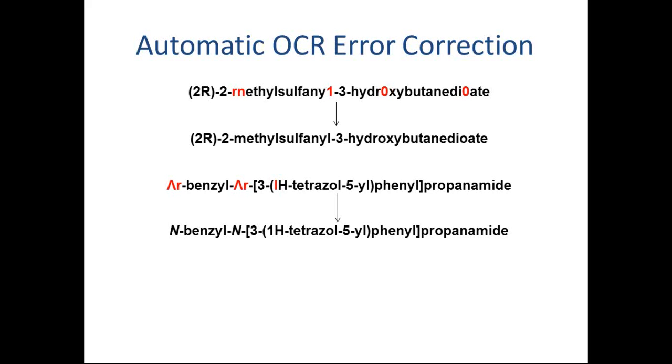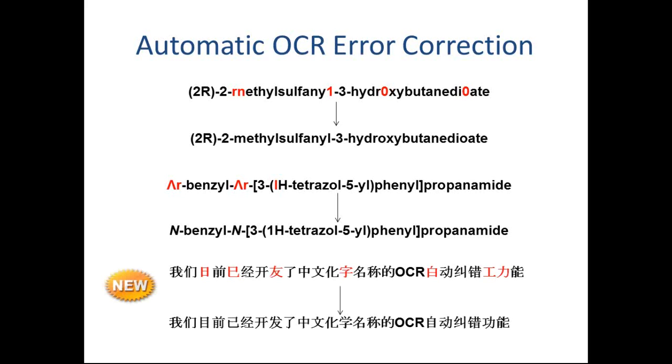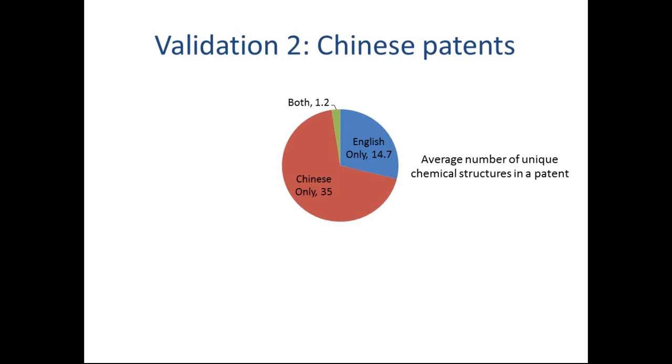Like mentioned, we have a correction algorithm to automatically identify OCR mistakes, and we also apply it to Chinese OCR errors. Back to the 2,000 Chinese patent test set. On average, we can extract about 50 structures per patent. Out of these 50 structures, 35 unique structures are from the Chinese name only, and less than 15 structures are from the English name only.